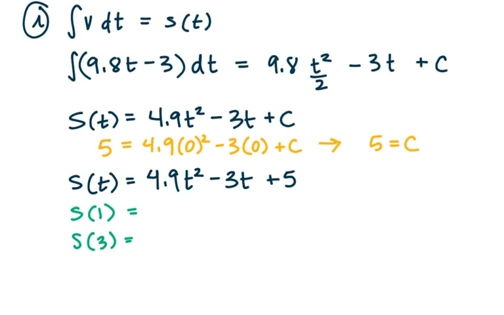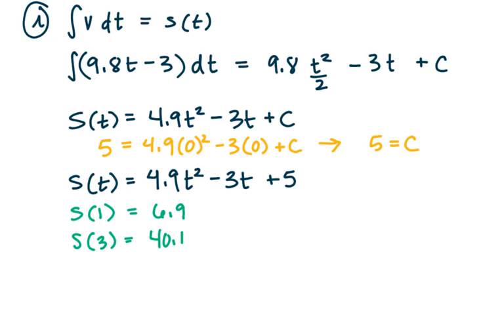And both of those would be found by just plugging 1 and 3 into this function here. Evaluating it twice, we get 6.9 is my position at t equals 1 second, and 40.1 is my position at t equals 3 seconds.